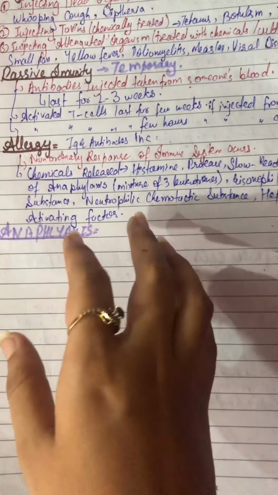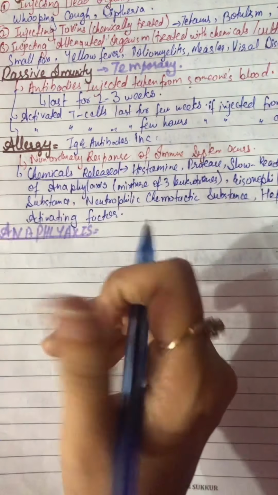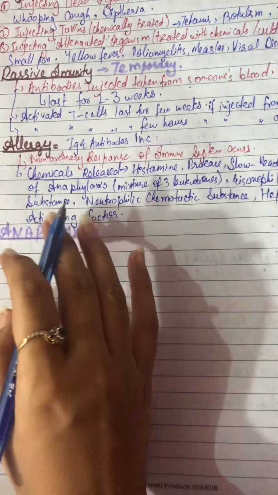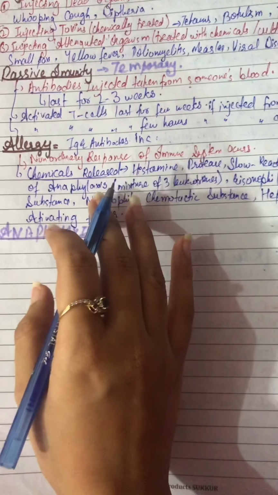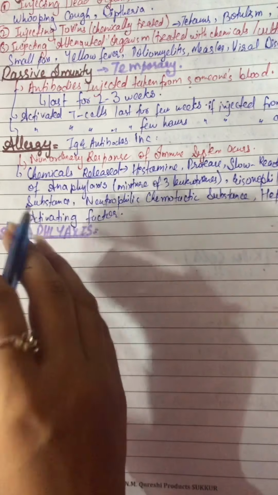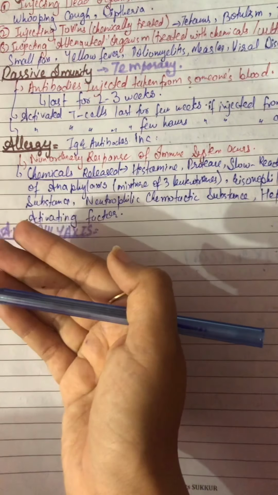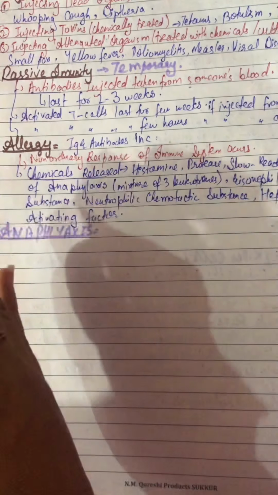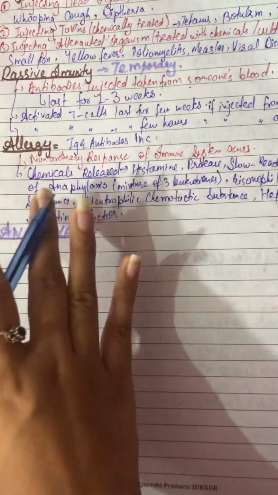Basically the allergen can react with the basophils of the blood and the mast cells in the tissue located immediately outside the blood cells. Now, the basophils and the mast cells are sensitized by the attachment of the IgE reagents.